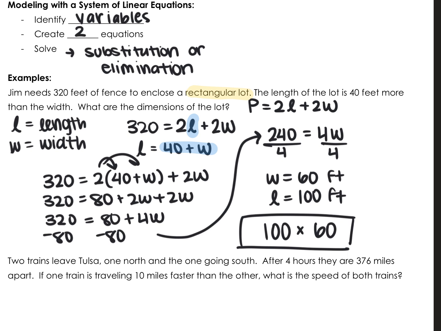So 2 times the length, so 2 times 100 is 200. 2 times the width, so 60 times 2 is 120. And 200 plus 120 is 320. And I already know my second equation is met. So these are the dimensions for the rectangular lot, 100 feet by 60 feet.